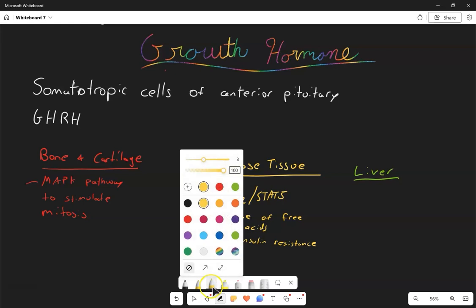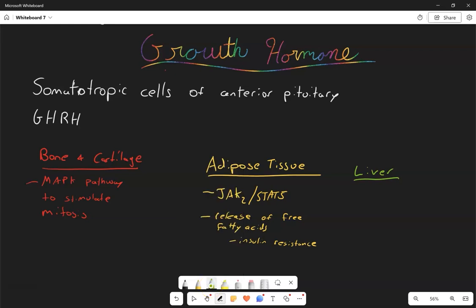Lastly, growth hormone is going to target the liver, where it will bind to a receptor, and here it will also use that JAK2 STAT5 signal transduction pathway. That will lead to transcription, translation, and essentially the release of insulin-like growth factors.